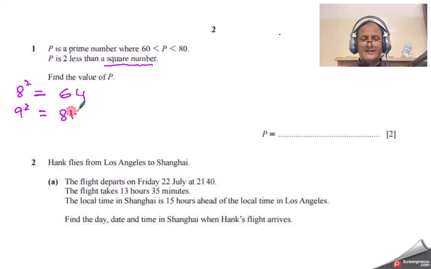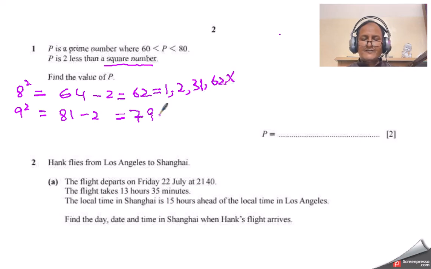If we subtract 2, it gives us 62 and 79. In these two numbers, 62 is not a prime number because it has more than two factors: it comes in the table of 2, so 1, 2, 31 and 62 itself. It is not a prime number.